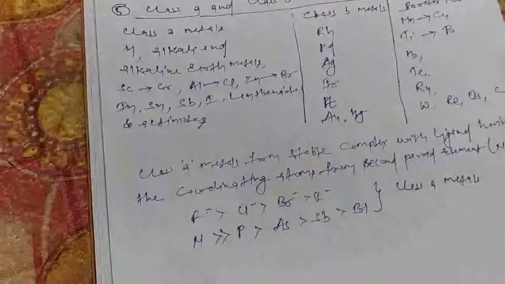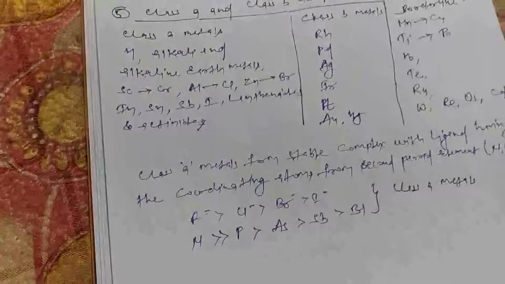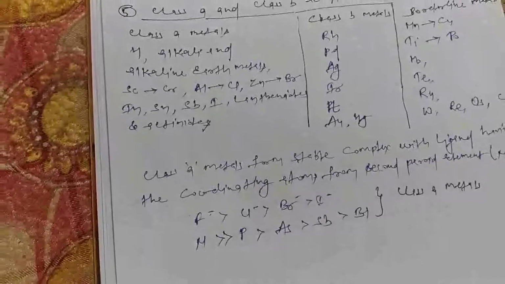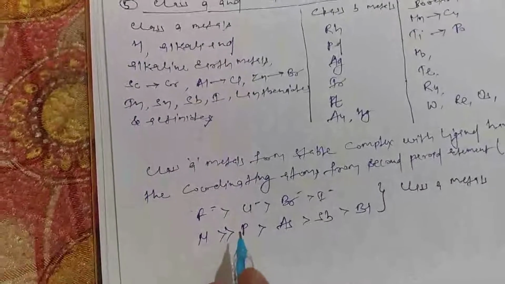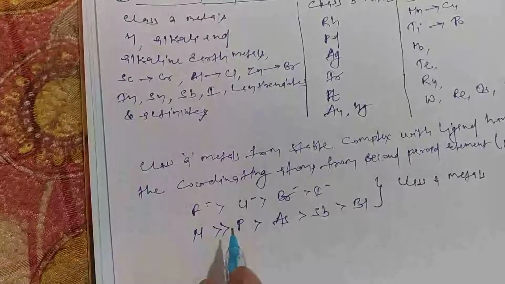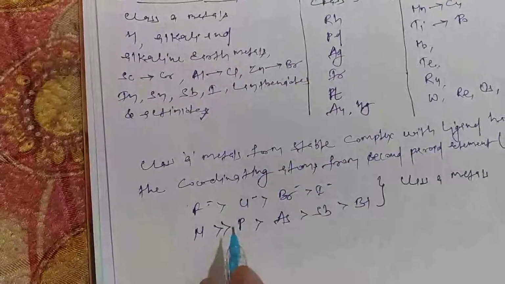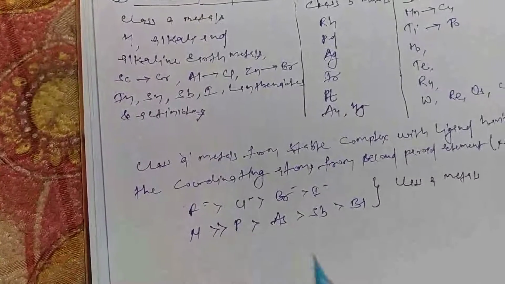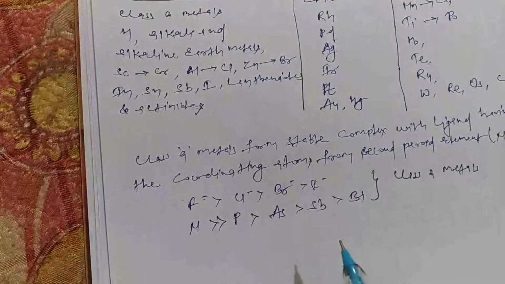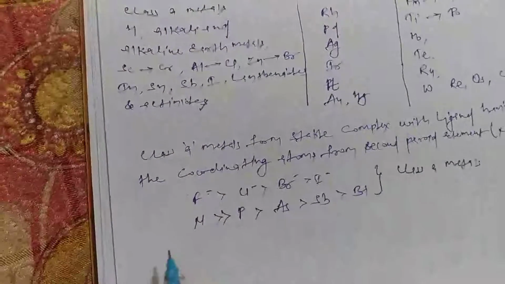Now with class B metals the order will be reverse. That means the relative stability will be reversed.